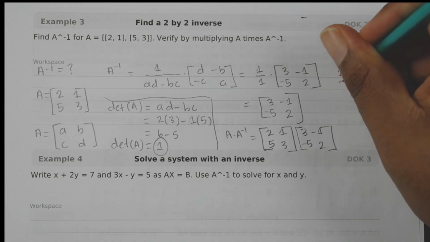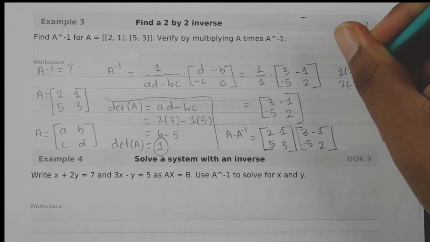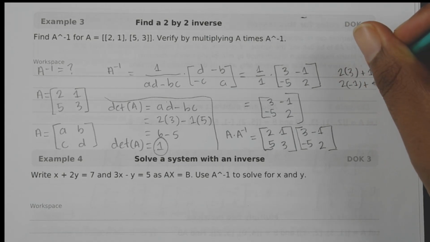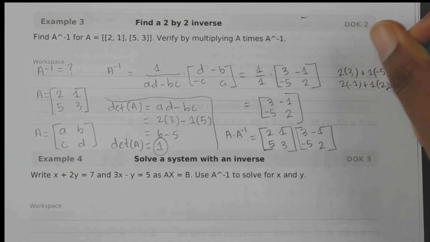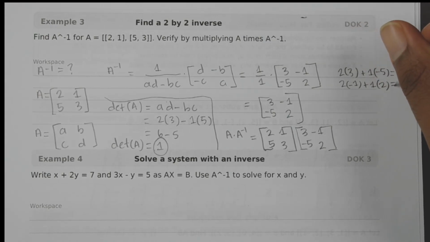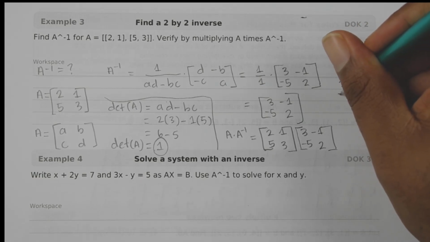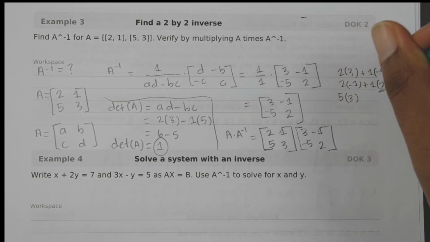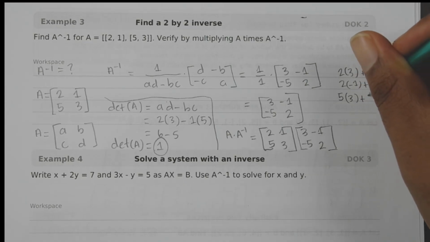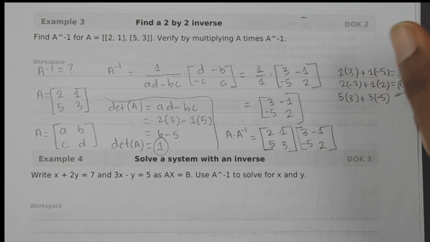The next would be 2, -1 plus 1 times 2, which is -2 plus a +2, or 0. Then the lower would be 5 and 3 plus 3 and -5.